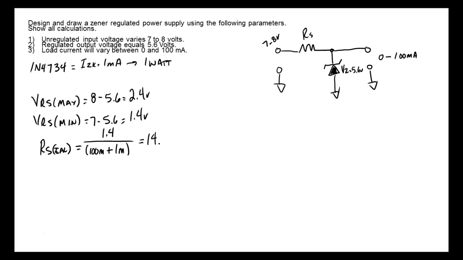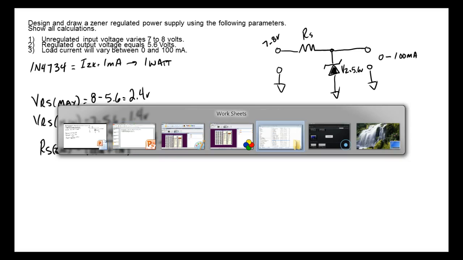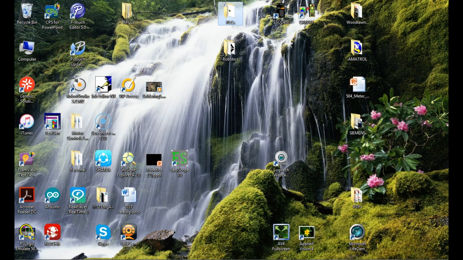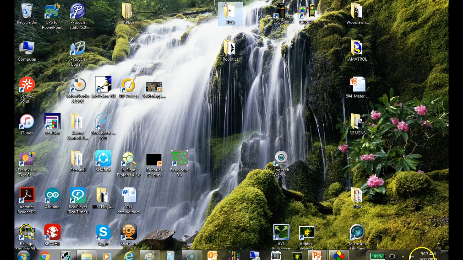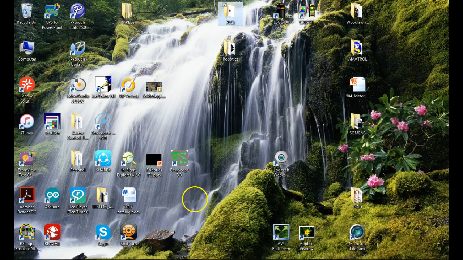Is that rounded up or rounded down? Right on 14, okay. So we know we're not going to use a 14. We're going to come up here, we're going to choose a size. And I should have brought this up first, guys. So we're going to look at our resistor chart, right?